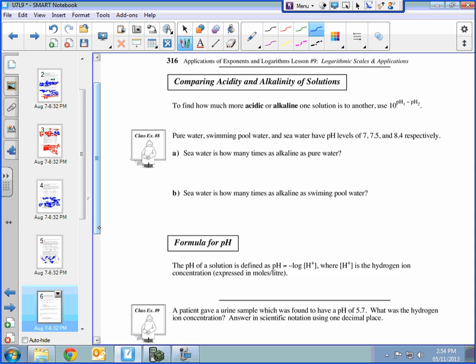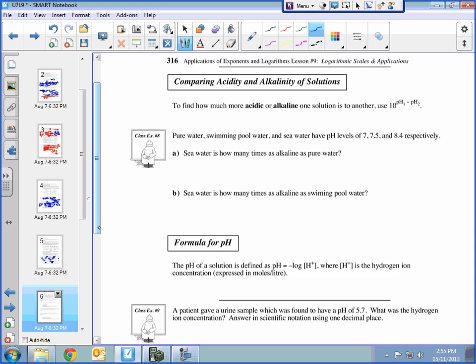Okay, so find how much more acidic or alkaline one solution is to another. Use 10 to the exponent of pH 1 minus pH 2. So pure water, swimming pool water, and seawater have pH levels of 7, 7.5, and 8.4 respectively. Seawater is how many times as alkaline as pure water?